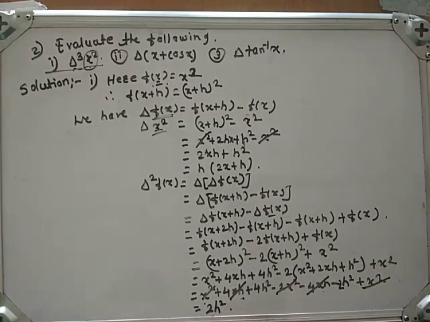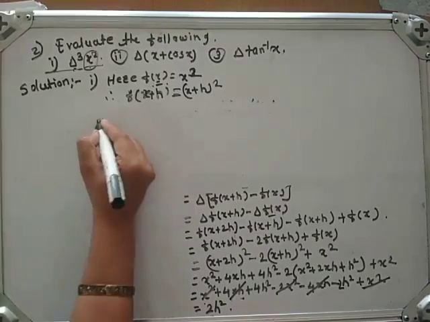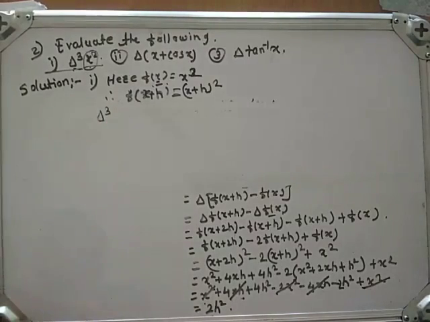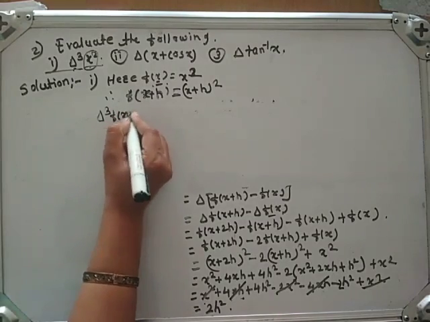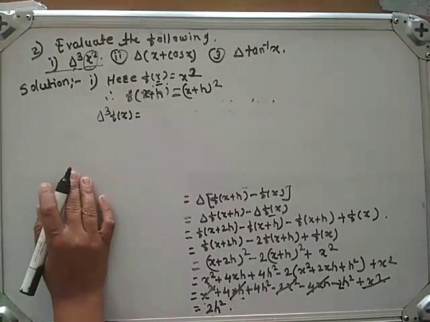Now we have to calculate delta cube of f of x, meaning delta cube of x square.